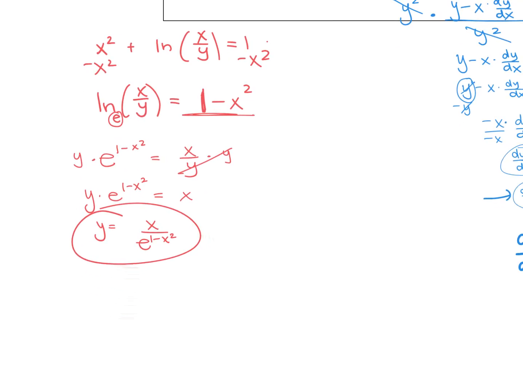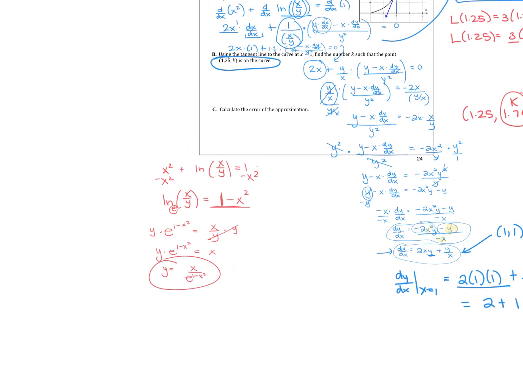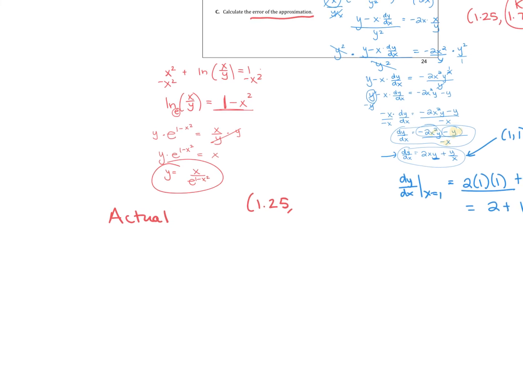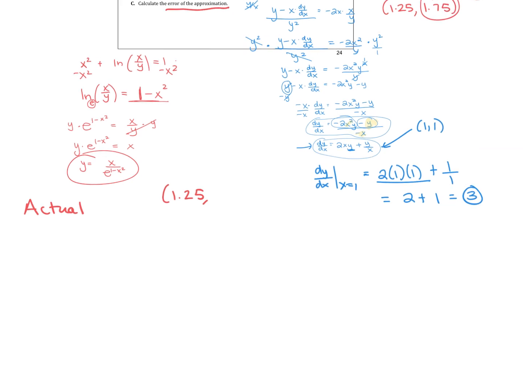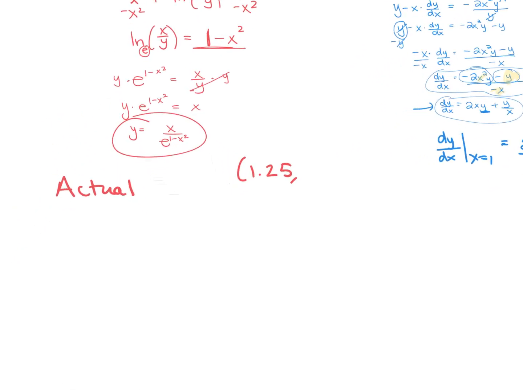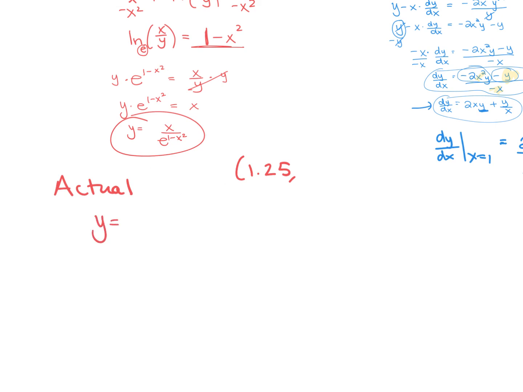Now, if I, in part C, want to calculate the error of our approximation, I need to know what the actual value is at x equaling 1.25. Our approximation was 1.75. If I go and find the actual value, I can plug in 1.25 for x.